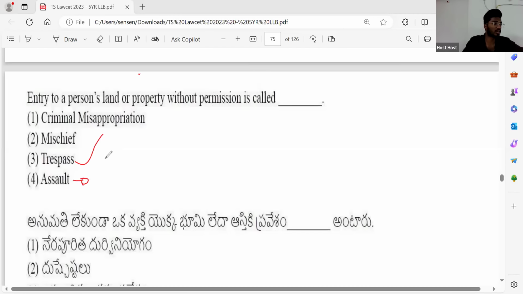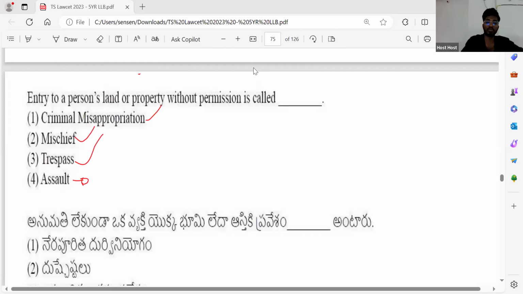What is the meaning of assault? So assault is threatening somebody or creating fear in their mind. In assault, you are not causing any physical harm to them. You are just threatening. You're just showing them that I'll throw this bottle, but I'm not actually throwing. So when I'm showing that I'll throw this bottle, a fear is created in your mind, right? That is assault. What is mischief? Mischief is misbehavior, misbehaving with someone, right?